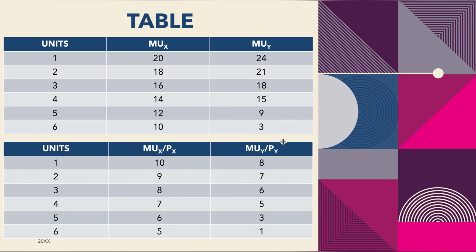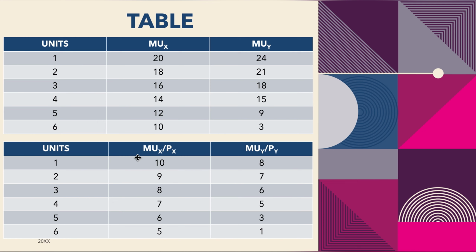Since we've already studied the law of diminishing marginal utility, we know that as the consumer goes on consuming more units of a good, the marginal utility that the person gets decreases.